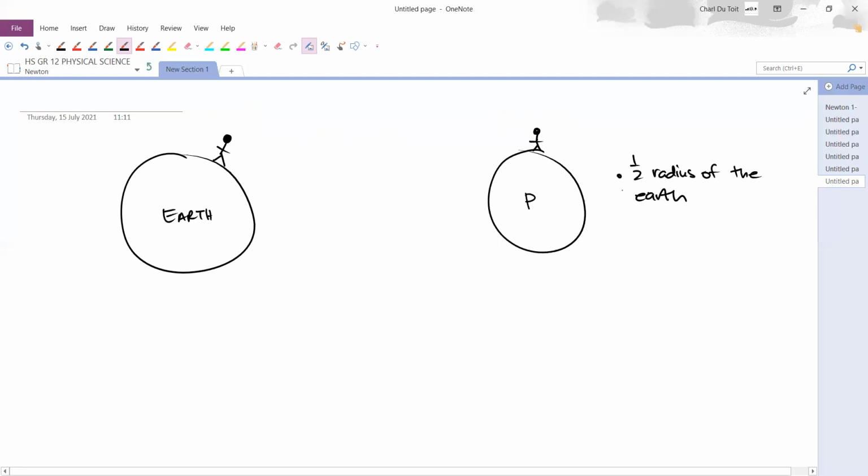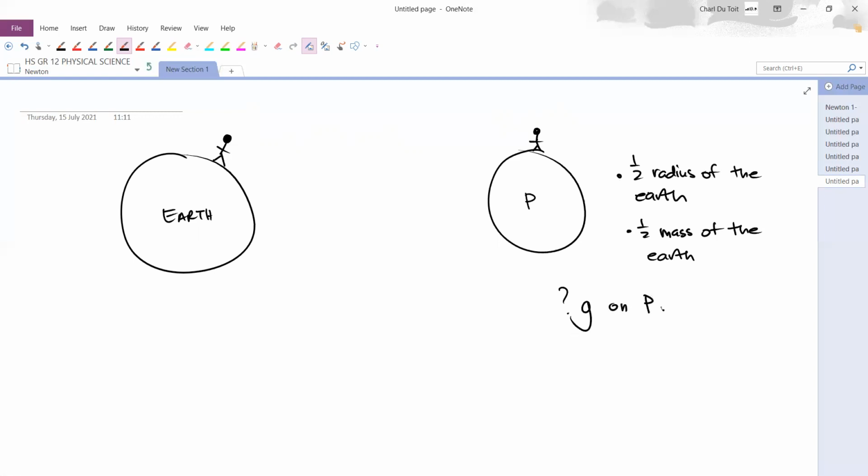It also has half of the mass of the Earth. So that's a smaller planet. It's half its radius, which is much smaller, and it's also got half its mass. I want to know, what is the gravitational acceleration on P? Will it be more or less than that of the Earth?